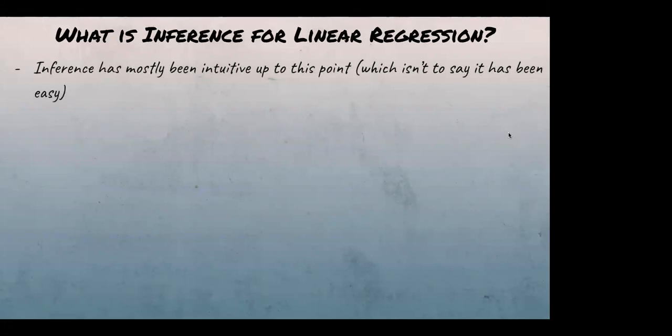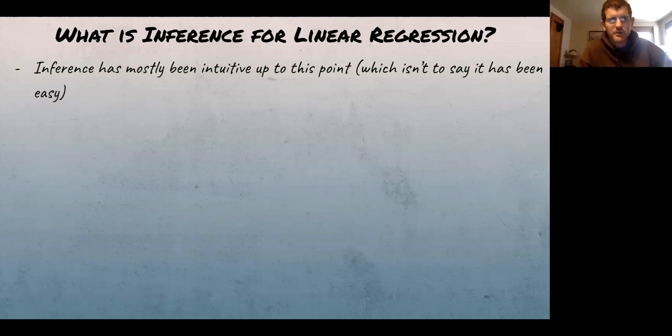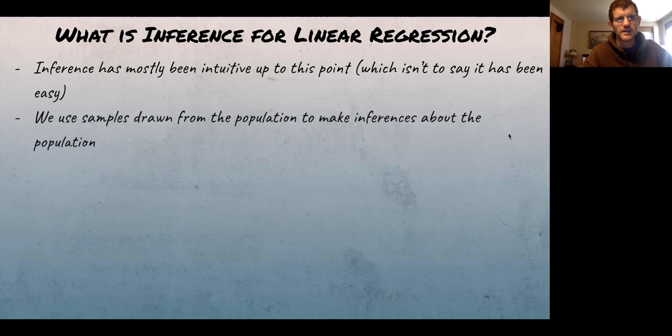All right. So, and this is maybe a bold claim here, but I'd say inference has been, up to this point, fairly intuitive. Not to mean that it's been easy, because the nuances here and there can make it a little more challenging, but it's been intuitive in the sense that here's a sample that we have. We want to make an inference about the population based on that.